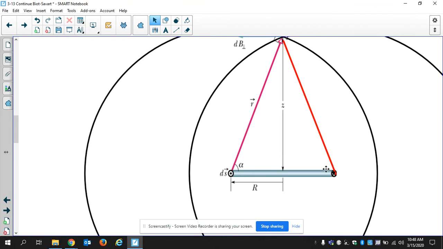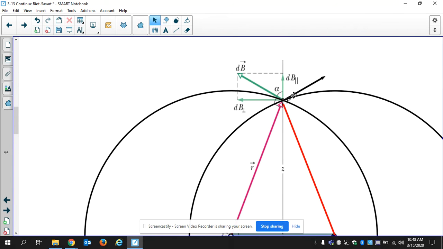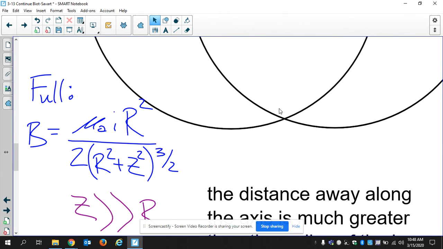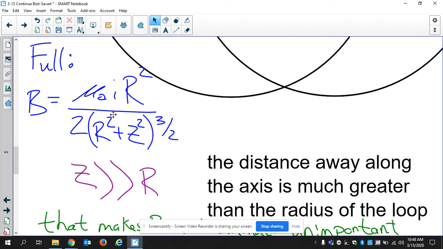If we point our thumb in the direction of the current, then our fingers would swirl around this way and the magnetic field would point that way. And so we're doing the same thing we've done before with E fields a lot, where this portion cancels this portion in the X direction, but the Y portions add. And so the full equation for that turns out to be this equation.